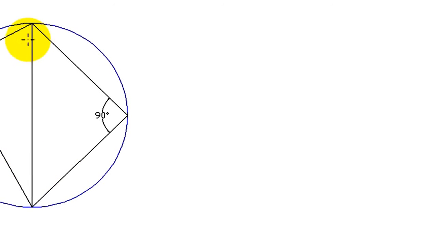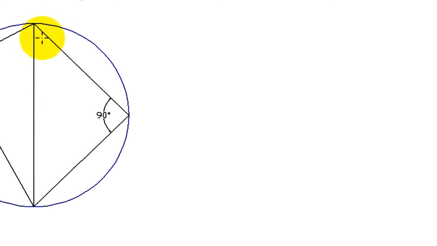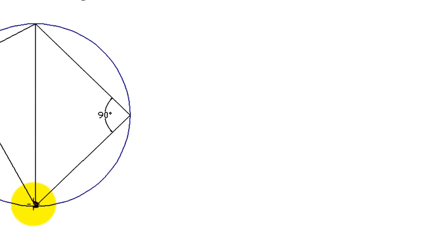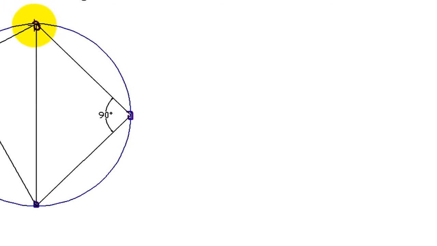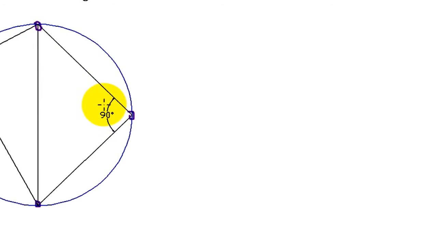In the diagram, you have a line cutting through the center of the circle and gives you two semicircles. If you have an angle subtended at the circumference of the semicircle, at these points for example, the angle will always be a right angle, which is 90 degrees.